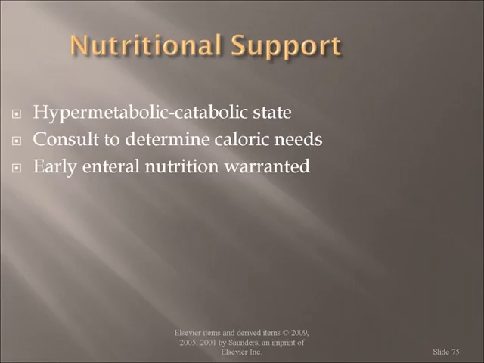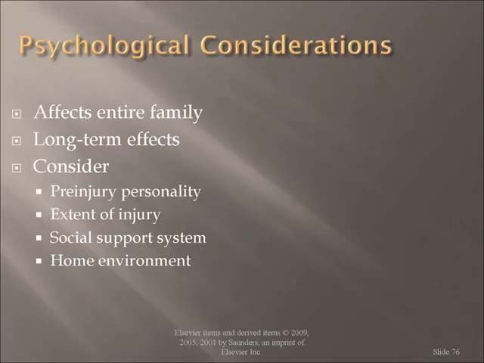Nutritional support is significant with burn patients. They have to be worried about being in a hypermetabolic catabolic state. Dietary consults need to be done to determine the caloric needs of the patient, and early enteral nutrition is very warranted with burn patients. Psychological considerations, of course. A burn not only affects the patient, it affects the entire family.